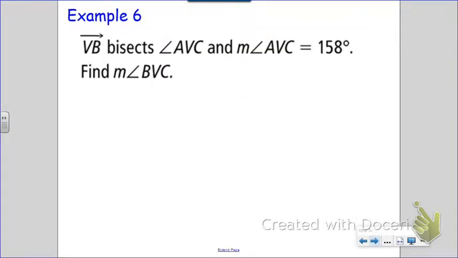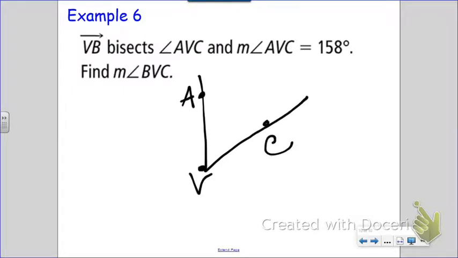Our final example, we have angle AVC. We'll draw a picture first. VB is going to bisect it, so we'll bisect it with VB. The measure of angle AVC is 158.